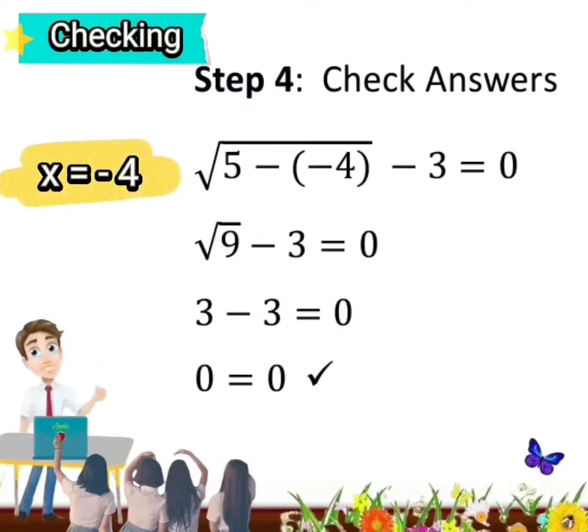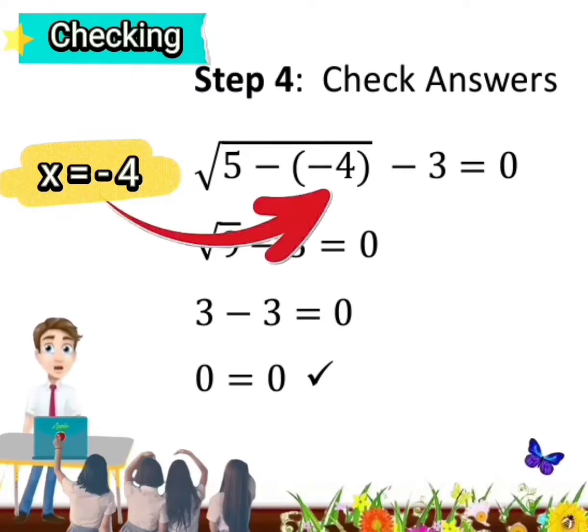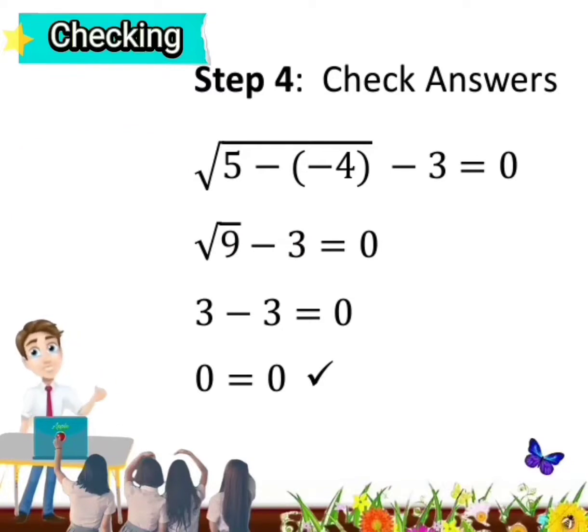After getting the value of x, we should not forget to check if our answer is correct. How can we check the solution? You simply replace the value of x in the original equation, and that is negative 4. So it will become the square root of 5 minus the value of x, which is negative 4, minus 3 equals 0.